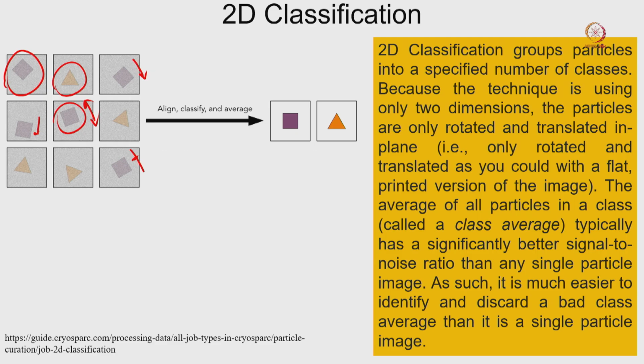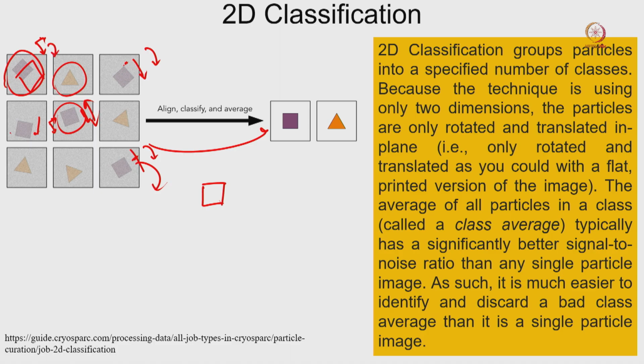If I want to align like that, this particle I have to rotate a little bit in this direction, and the same for this one. This particular particle I have to rotate by a certain angle, and this one is shifted. If I have to bring it to the center, I have to move it in this direction. Same thing, x and y translation is required to bring this particle into the center, and then a rotation is required.